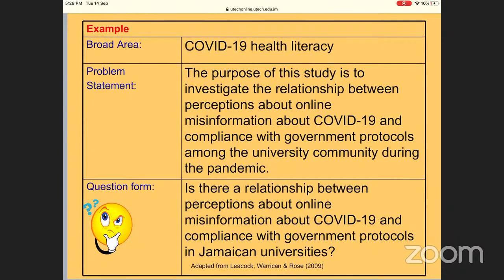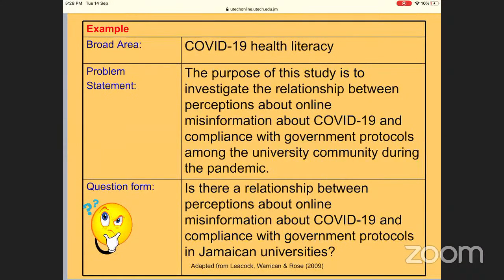Give me one example item on the questionnaire that would be quantitative. Anybody? Please answer. Not all at once. Well, we're taking long, so let me give you one.